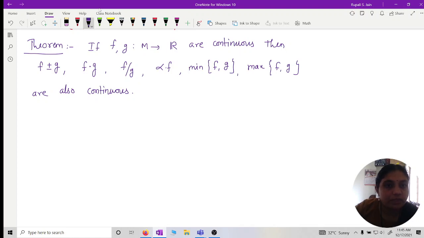So how will we prove this? f and g are given to be continuous.